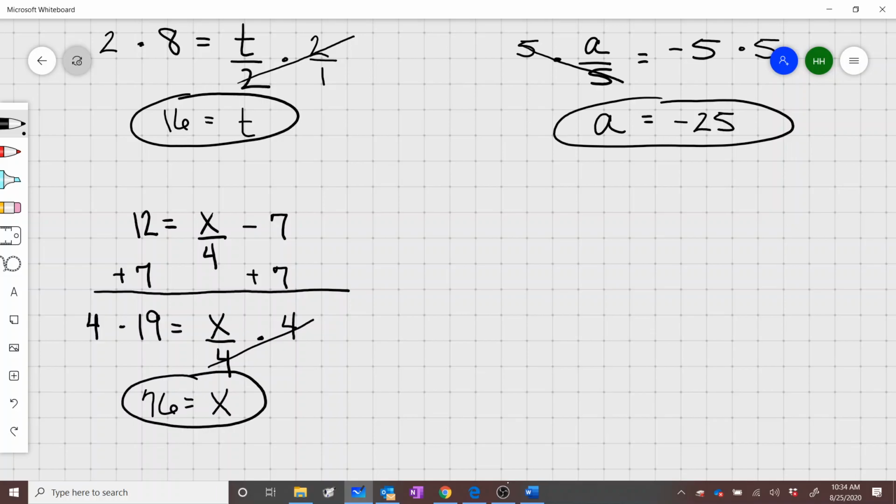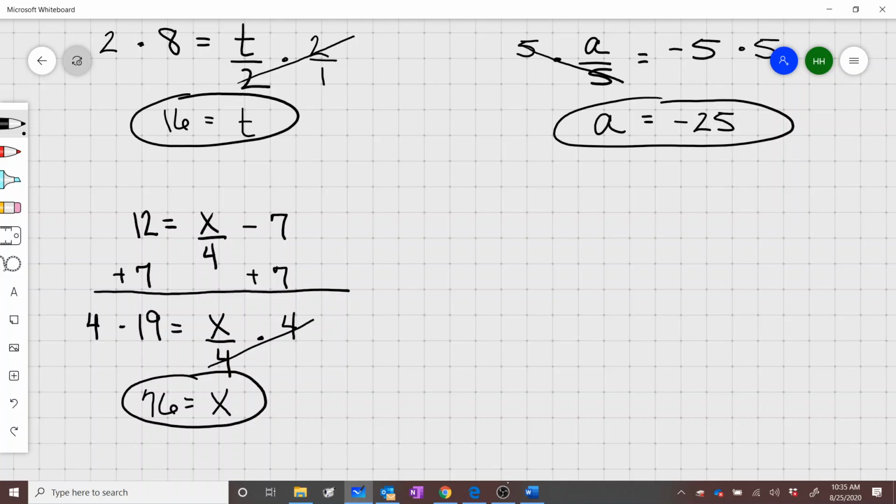So 76 is equal to x. You guys good with those?